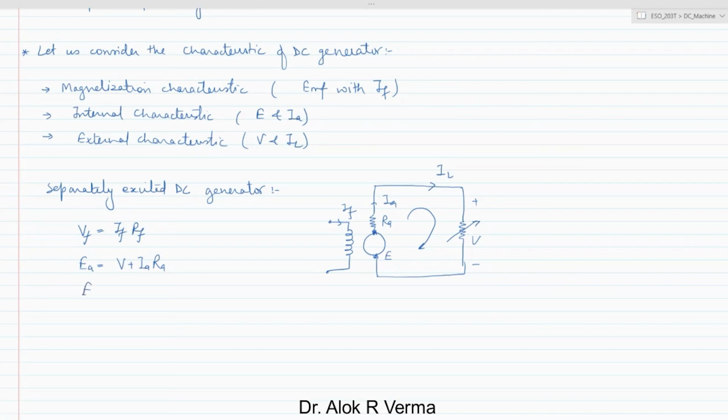EA is also a function of some constant into flux into omega m, and the load voltage V is nothing but IL into RL, so this is RL. In this case IA is equal to IL. Now if there is no armature reaction, the generated voltage V0 would be constant and it will be shown by a straight line. So let us draw the characteristic now.